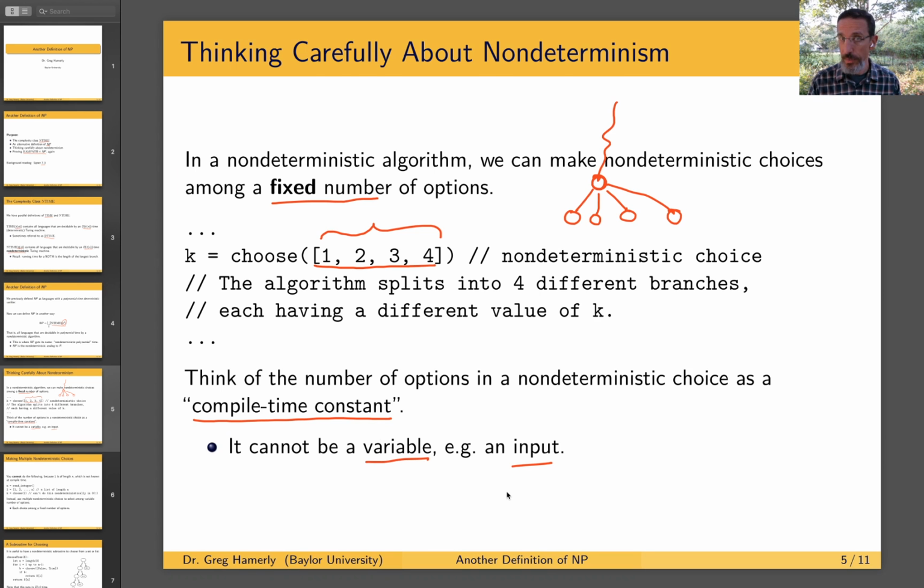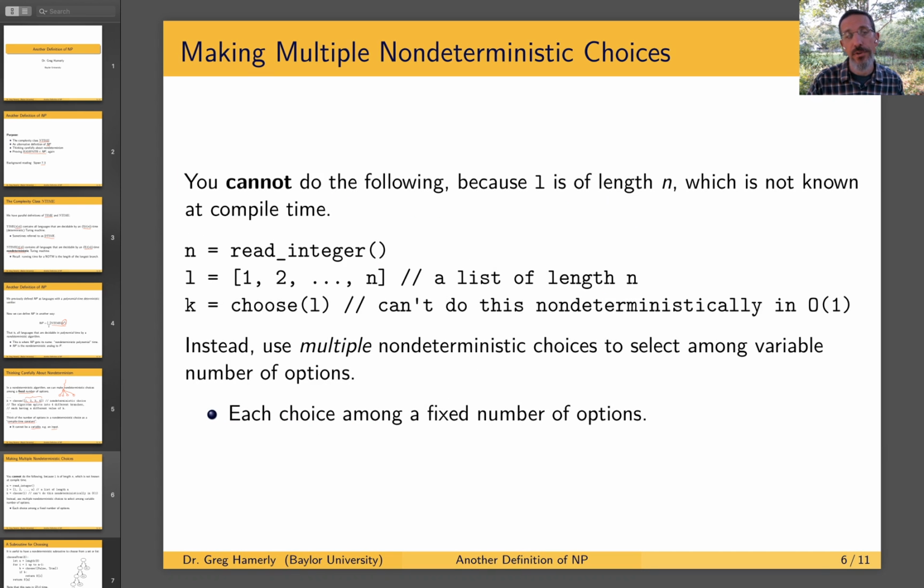Let me give you an example of that. You cannot do something like this code right here. Read an integer n from the input or from a file, and then construct a list that has n elements in it. So n here could be 1,000 or 1,000,000, whatever.